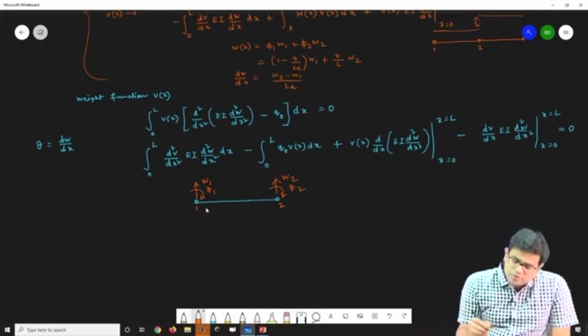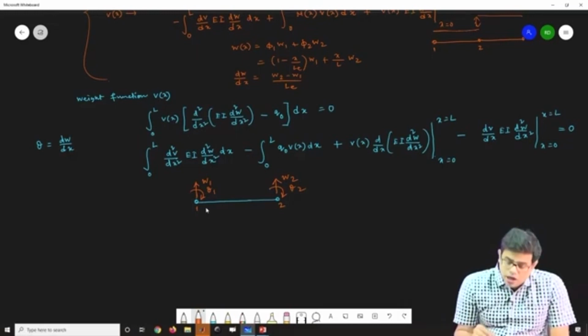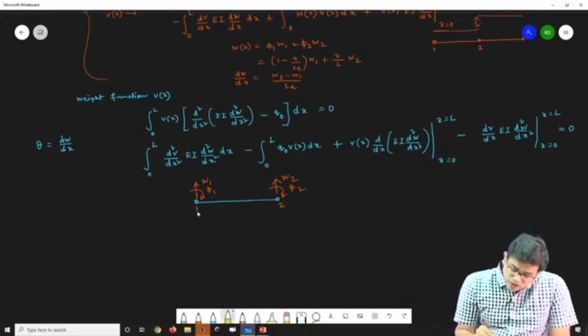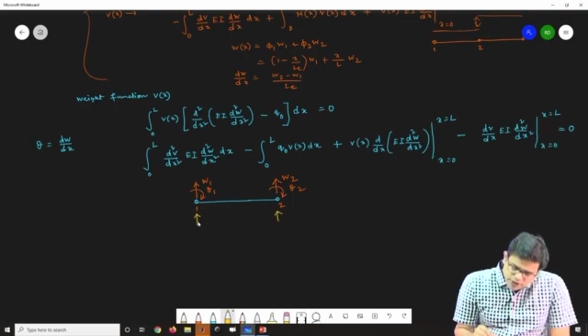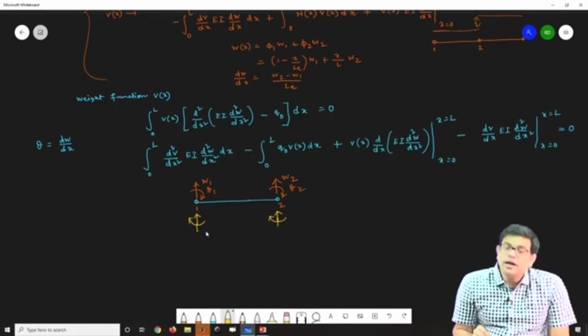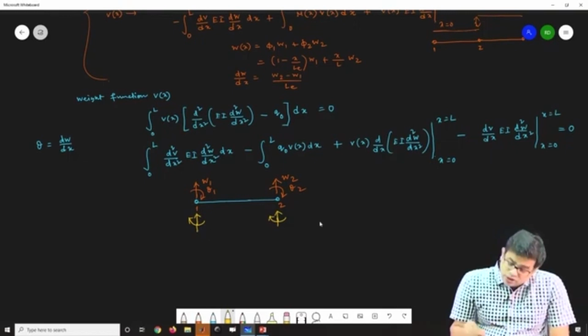Now the secondary variables, which are moments and shear force. If I consider this, this is my shear force, and now if I consider these moments, let us use the notation that we have used.